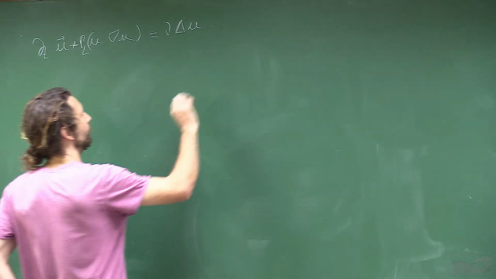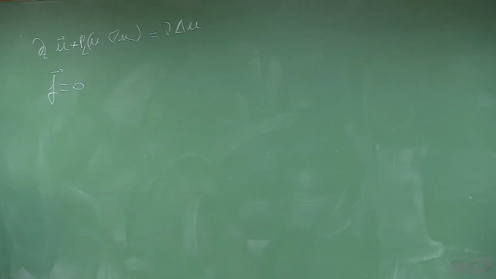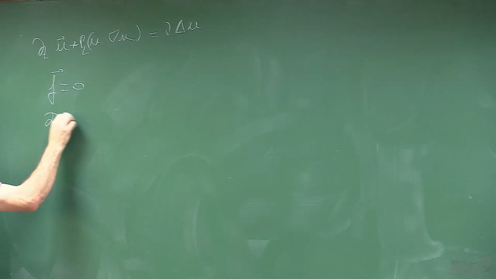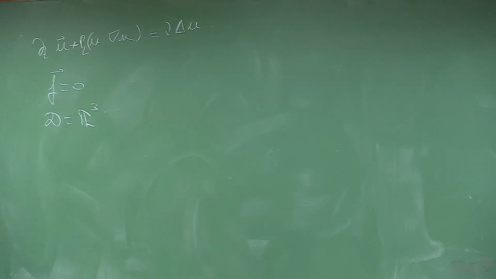And then I would just assume that there is no forcing. Not a big hypothesis, but let's assume that this is the case. And again, we take R cube, full space, without any consideration about periodicity here.